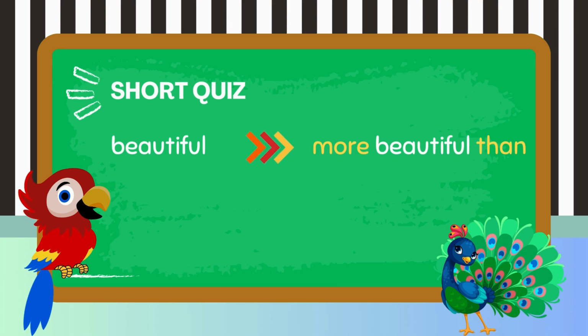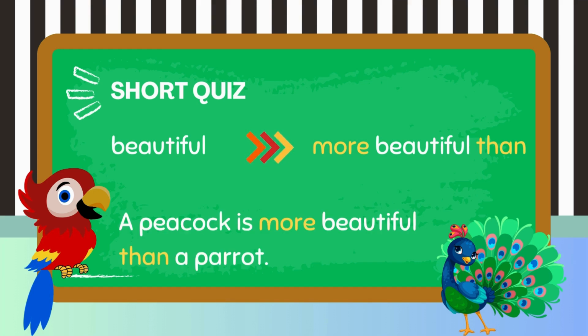Beautiful is a long adjective, therefore we add more in front of the adjective beautiful, followed by the word than after it. So beautiful becomes more beautiful than. So which one is more beautiful than? It's hard to guess, I think. Well, a peacock is more beautiful than a parrot.